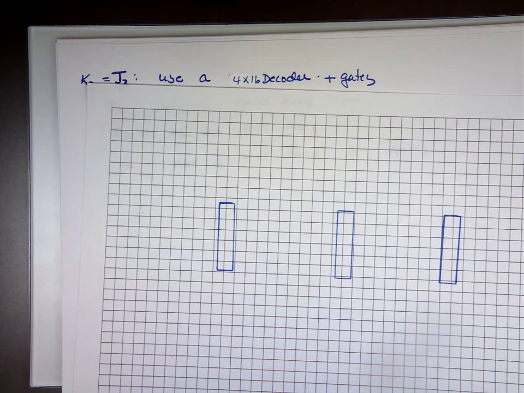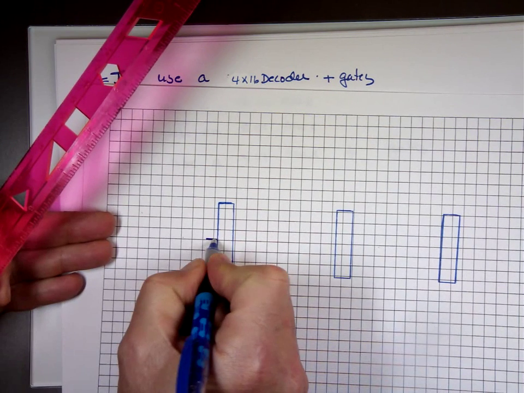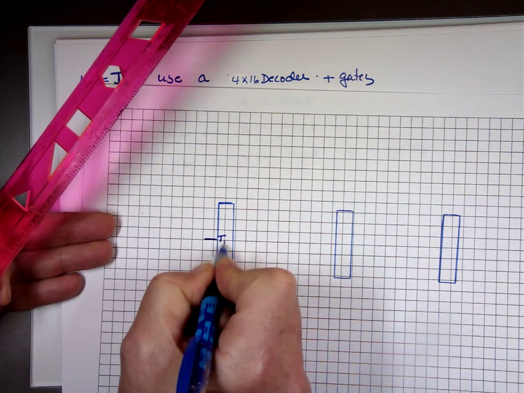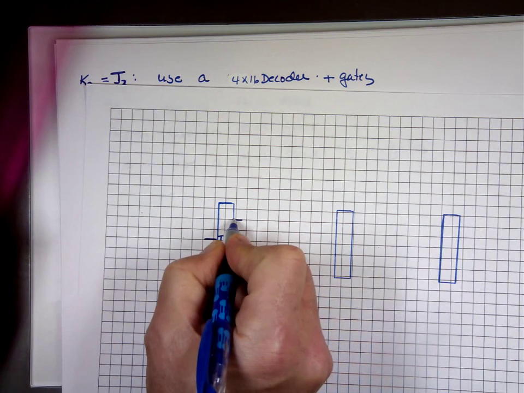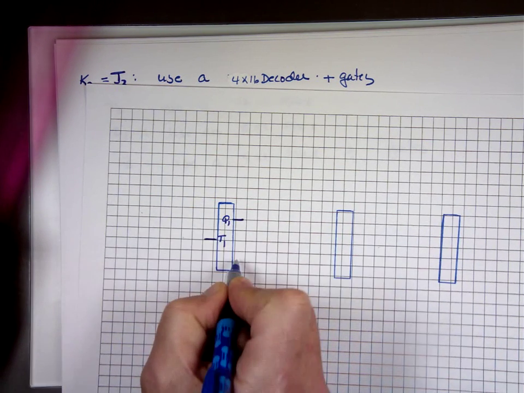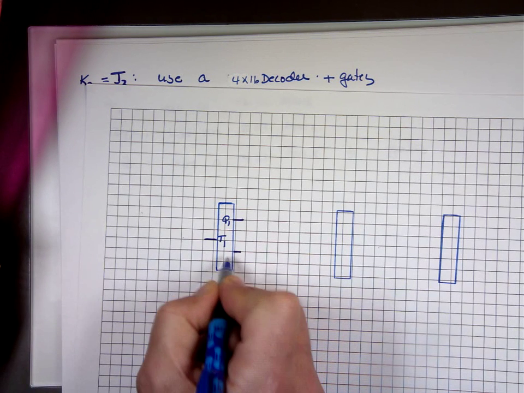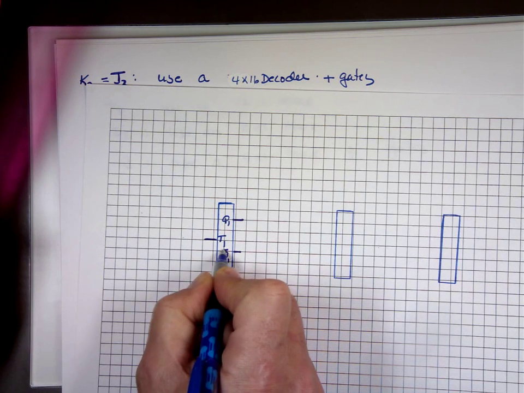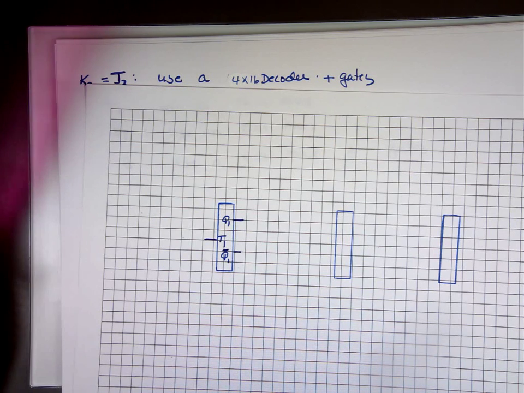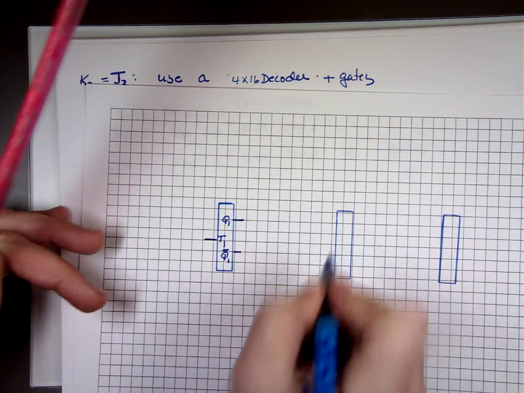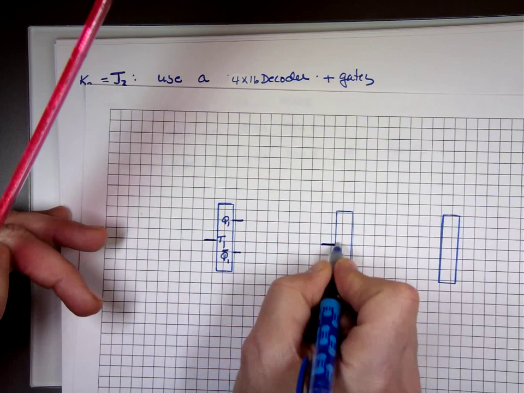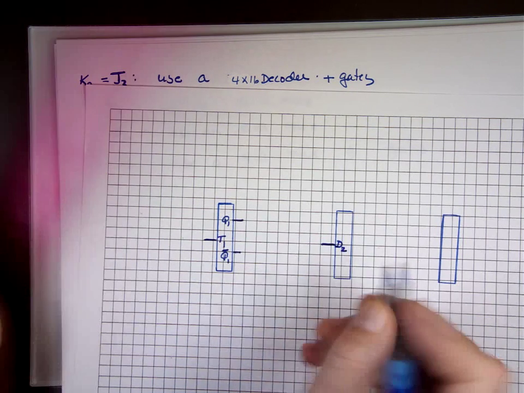This is number one. Number one flip-flop is a T flip-flop, so it has one input, T1. It has two outputs, Q1 and Q1 naught. The second one is a D flip-flop, so that's one input, D2, that means 2 for the second flip-flop.